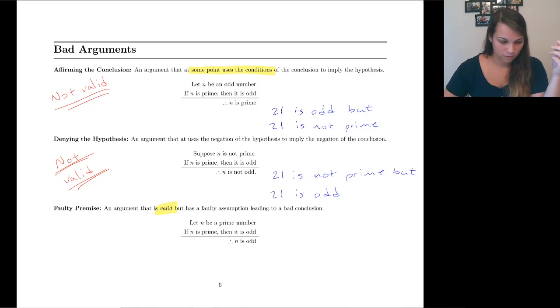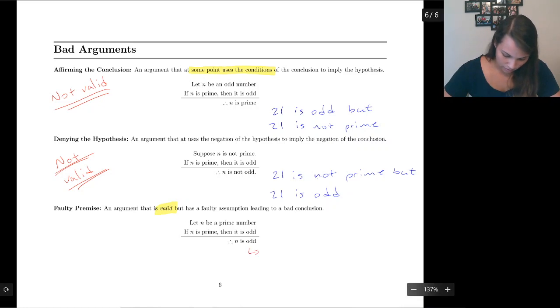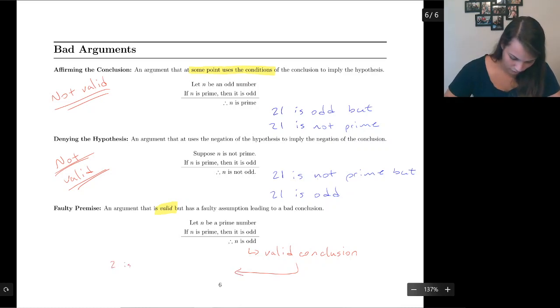I can tell you though, something went wrong in here. Here's a counterexample. So this is a valid conclusion. But 2 is prime and not odd.